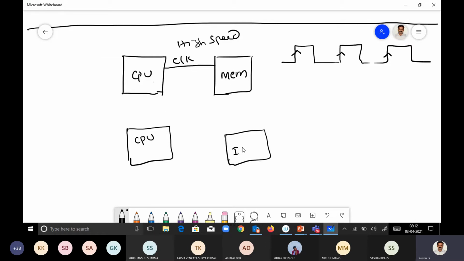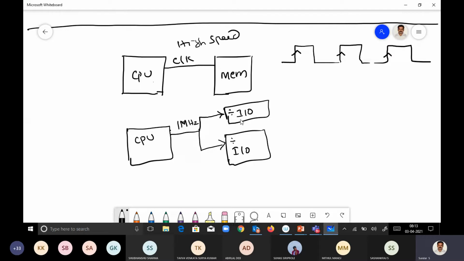The clock is taken by the IO, but this IO will divide this clock to its own frequency. For example, this is 1 megahertz, then this IO device can work at 1 kilohertz, and this can work at 10 kilohertz, something like that.